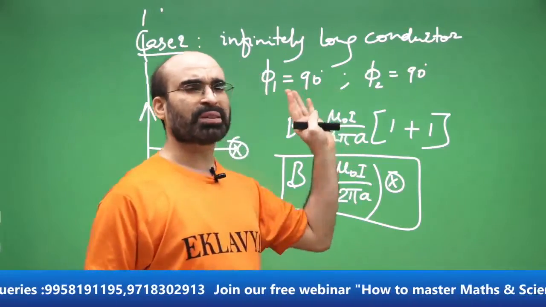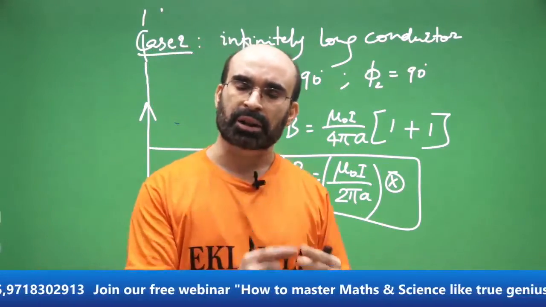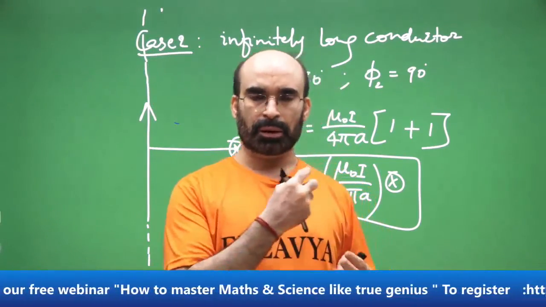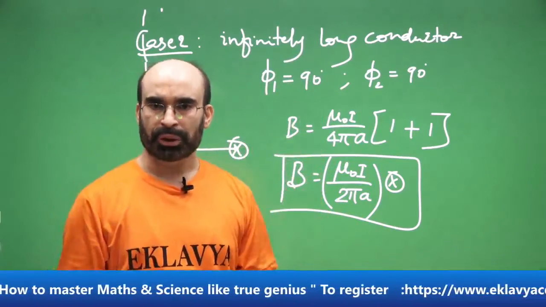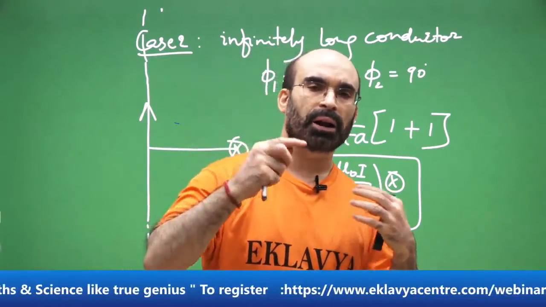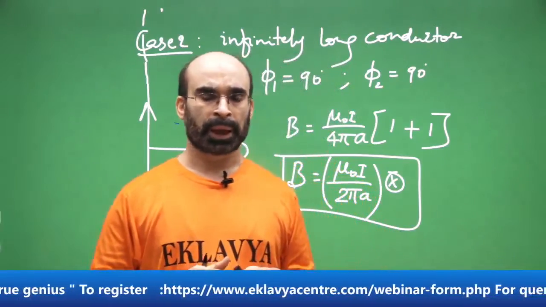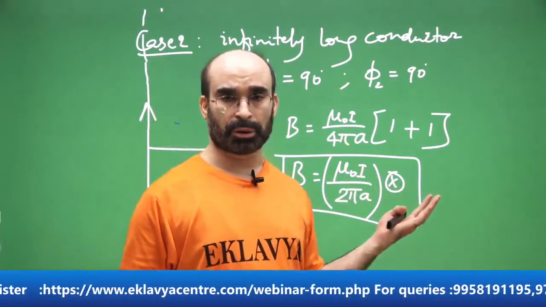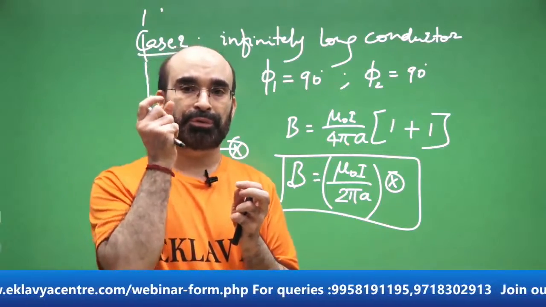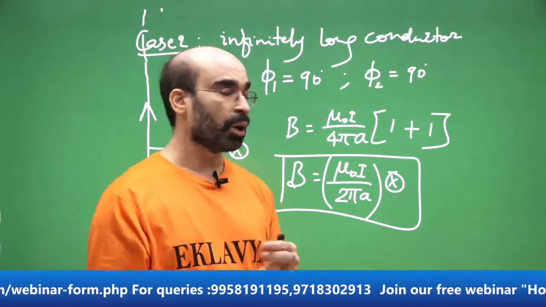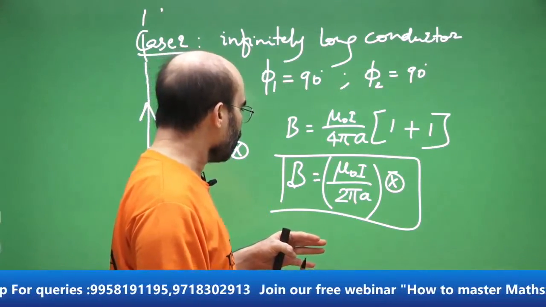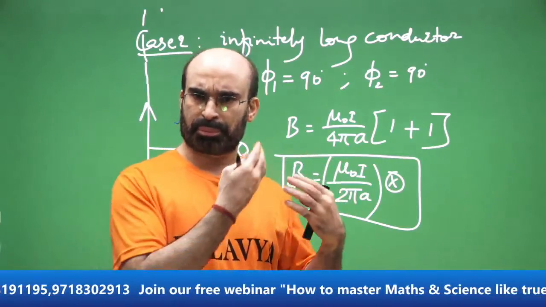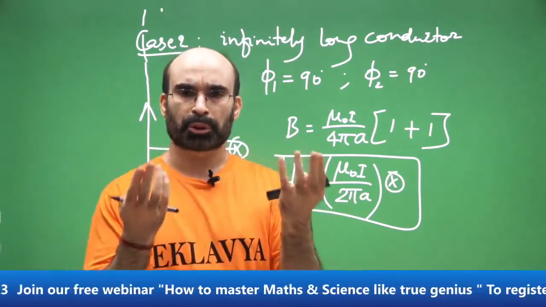There are many questions based on the magnetic field due to straight conductors. We have done circular current. Then there are many different scenarios in which we need to apply this logic, how the magnetic field is found using one or multiple concepts.